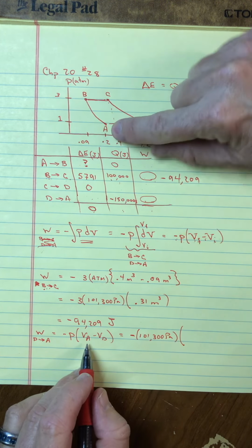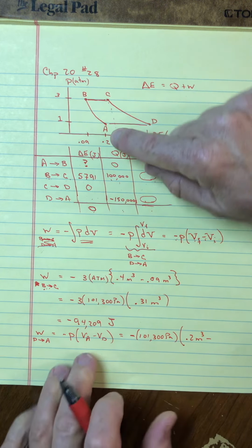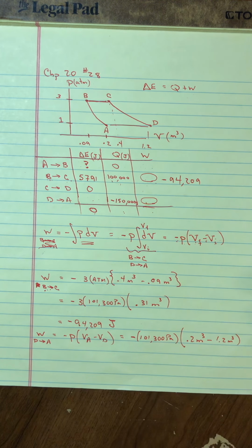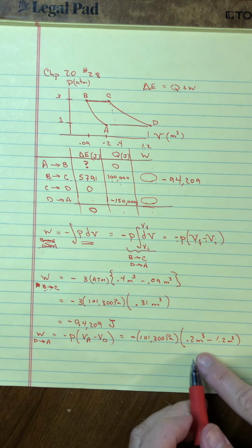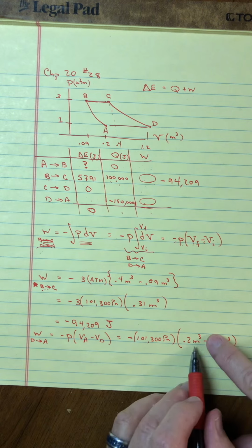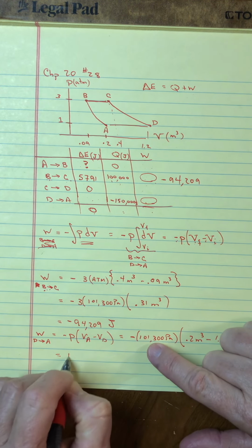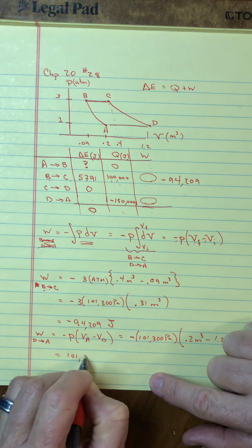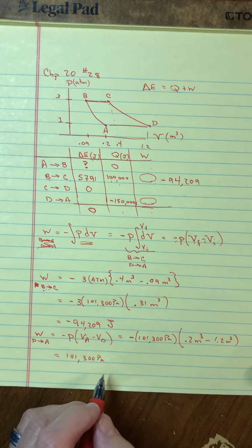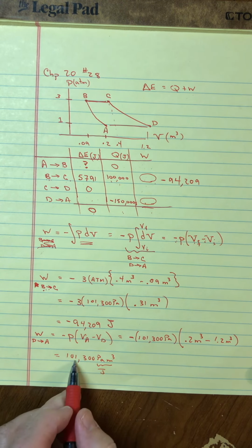And then the volume at A, 0.2 cubic meters, minus the volume at D, which is 1.2 cubic meters. Well, that was nice, because that's just a negative 1, and negative 1 times that negative is just 1, and then of course times the 101,300 pascals. And notice it came out to be pascals times cubic meters, which is a joule.